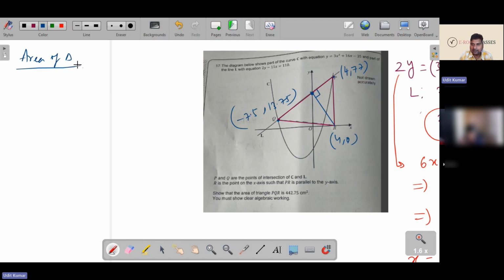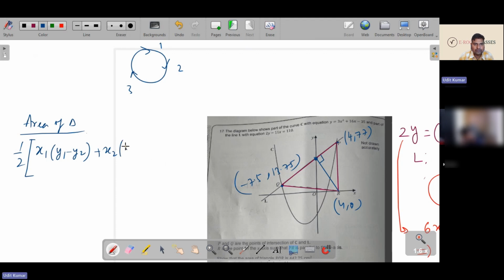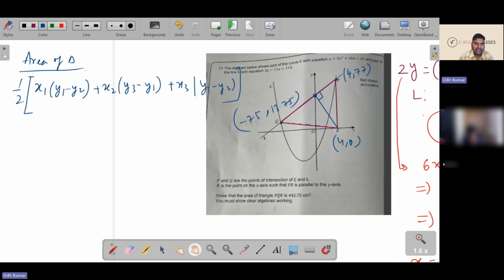Anyways, the area of a triangle, if 3 coordinate points are given to us, is half of x1 times (y2 minus y3), plus x2 times (y3 minus y1), plus x3 times (y1 minus y2). This result is always positive because area is always positive.